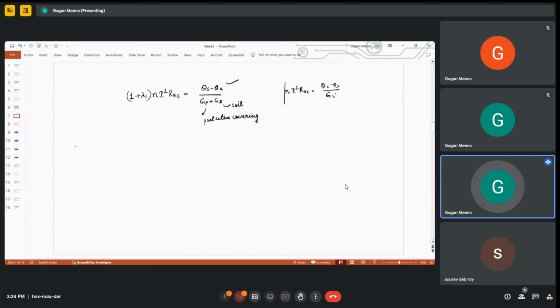So finally, we get the formula for current as I equals theta C minus theta A, where theta A is the ambient temperature, divided by n R AC into GI plus 1 plus lambda 1 into GP plus GS, all under a square root.